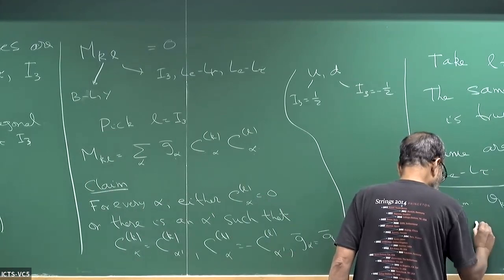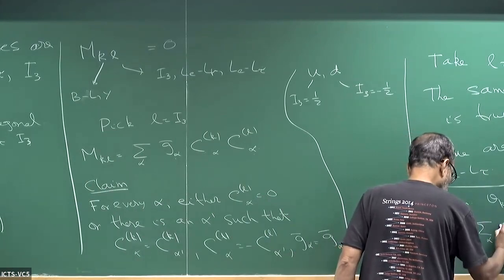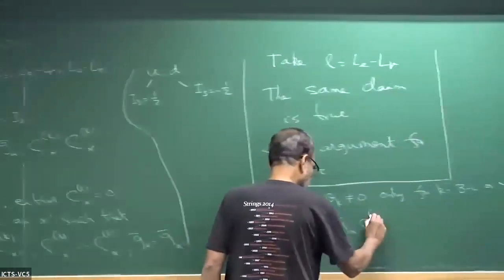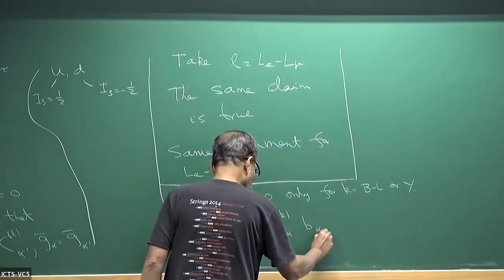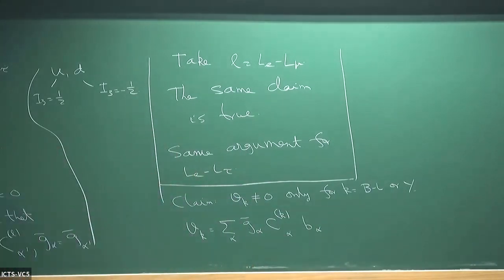Vk was the sum over alpha of g bar alpha, c_k alpha, b alpha. Sorry, if it's k here, it's better to be k here.